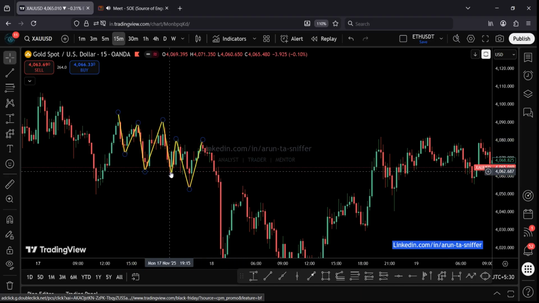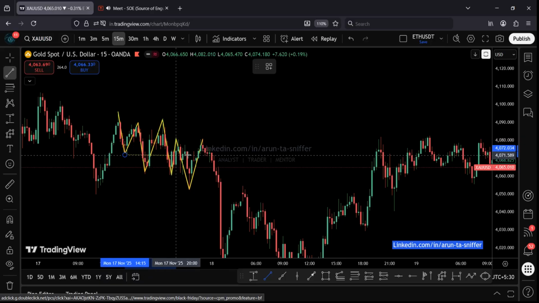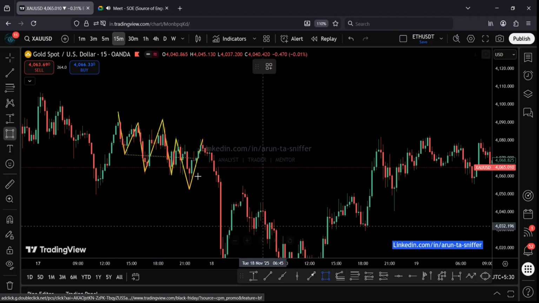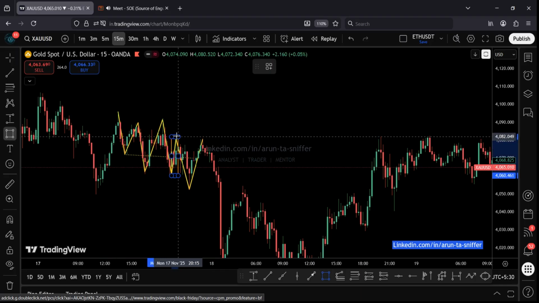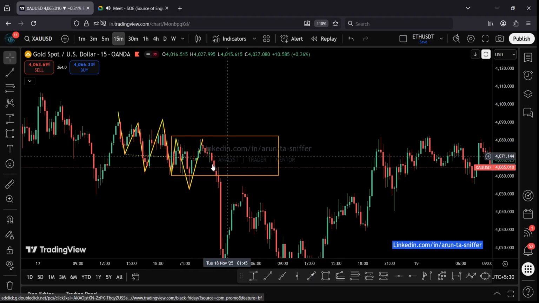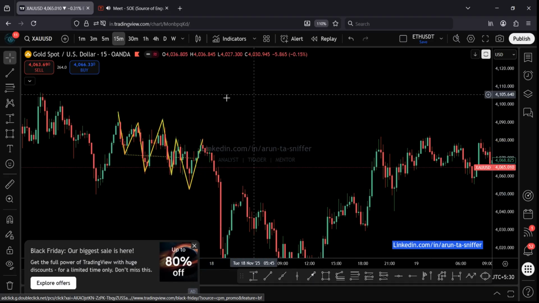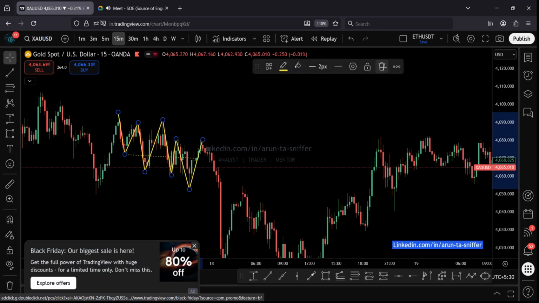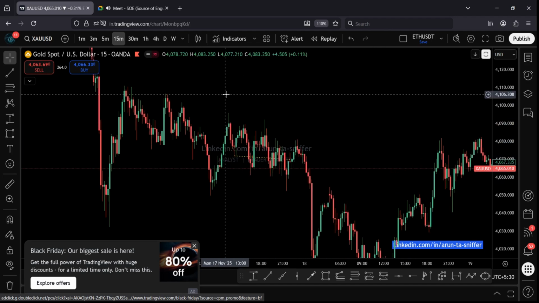What is happening on this third one? The price reached this area, and this became the target of this engulf. This is somewhat the example, but let's find other examples.